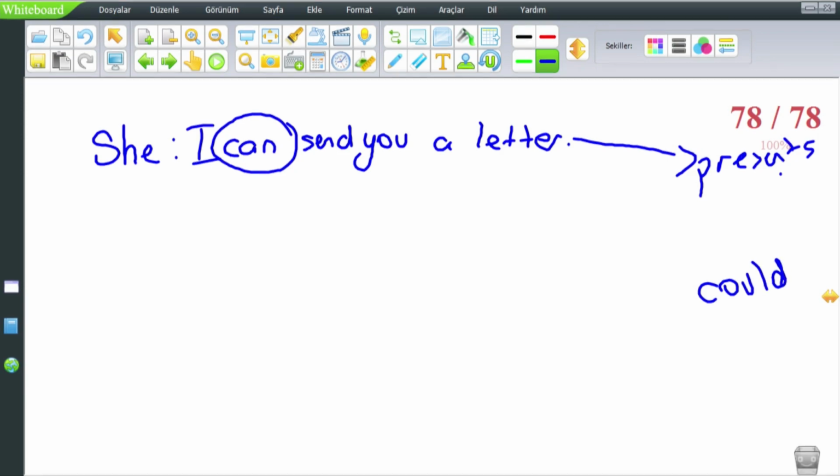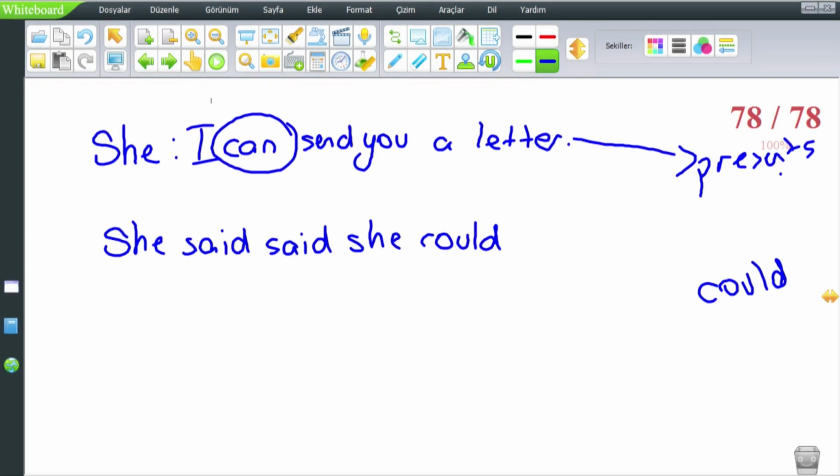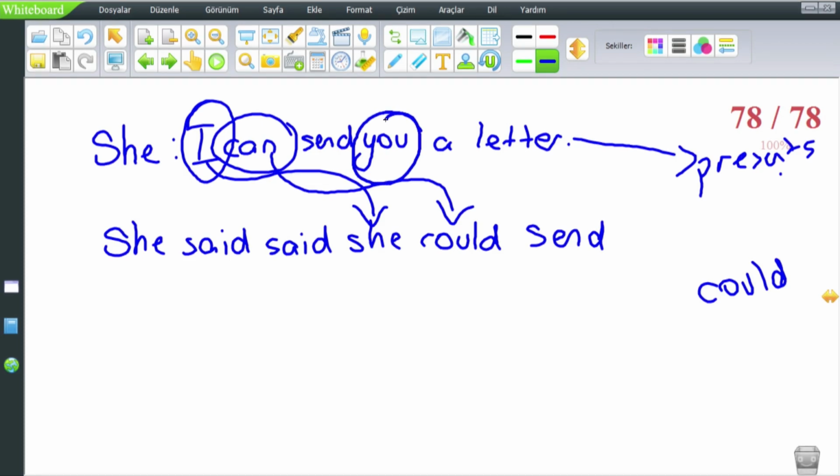And I will be using could when I am rewriting this sentence in reported speech. She said that she could. I turns into she. Can turns into could. Send, I see you, and it will turn into me, a letter.